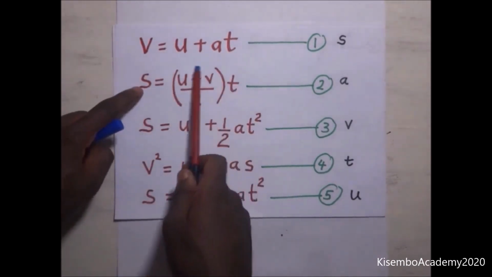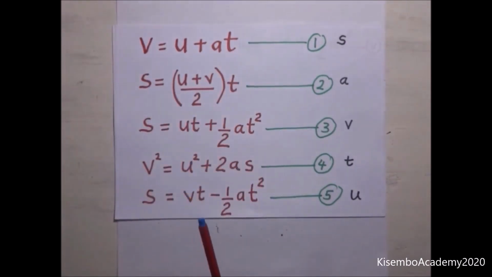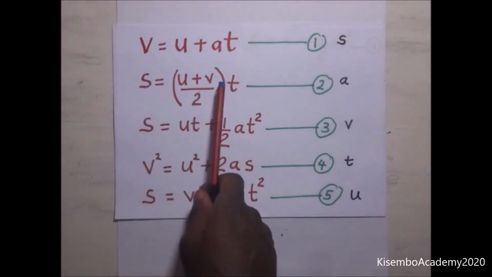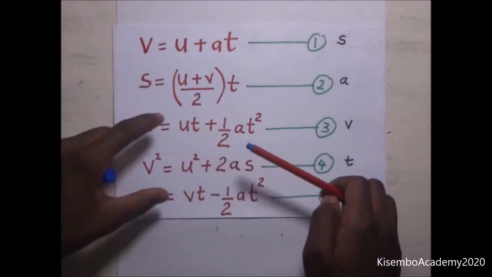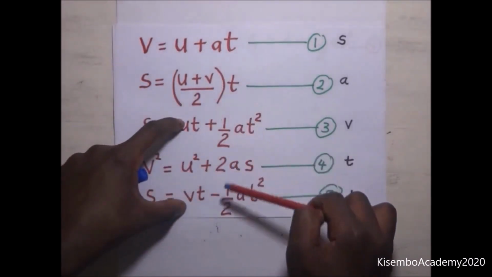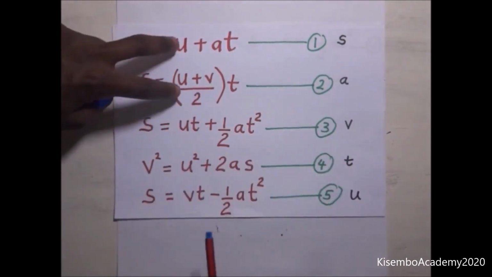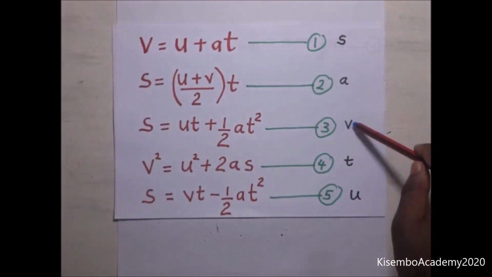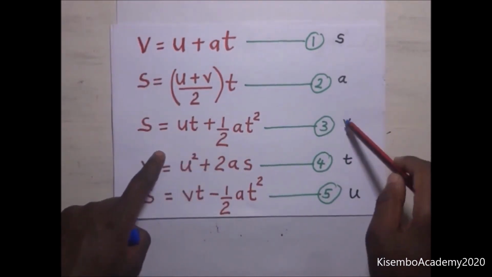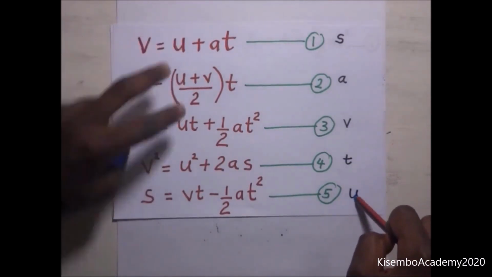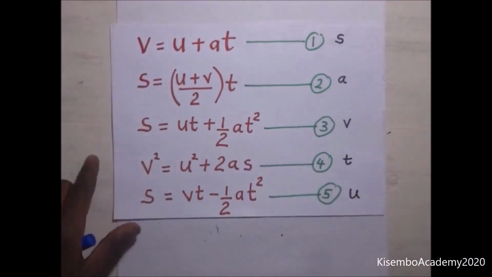The second one we derived using the concept that the area under the graph is equivalent to the distance traveled by that particle. And all these other three equations of motion were derived by substituting these two, in such a way that we eliminate v, we eliminate t, and we eliminate u, to attain these other three equations.